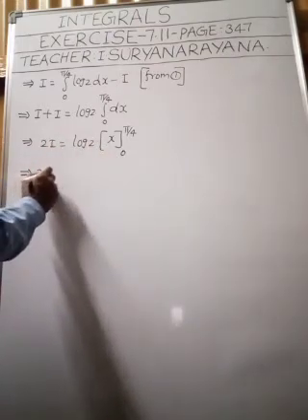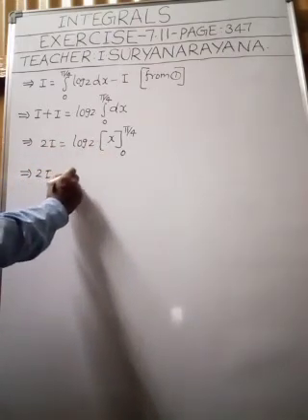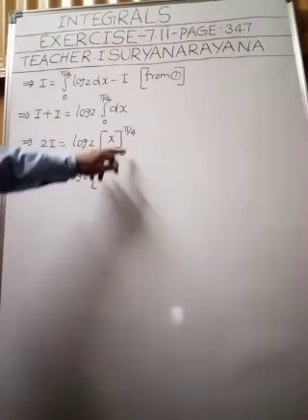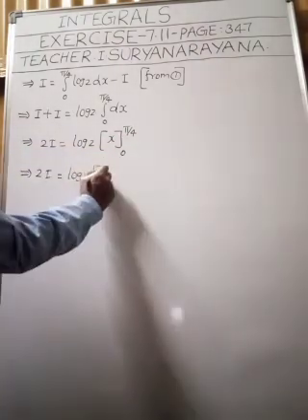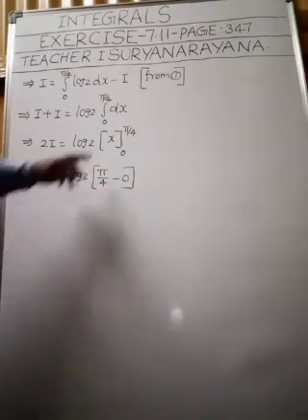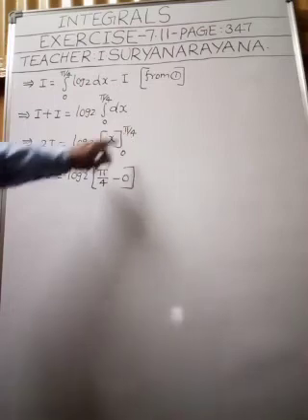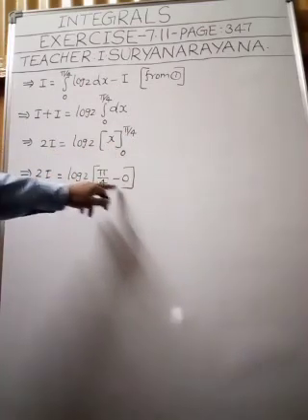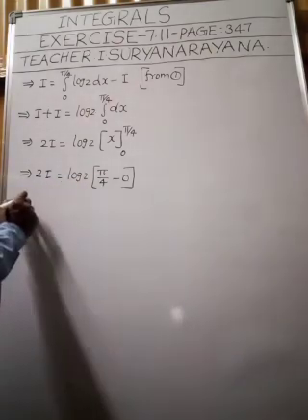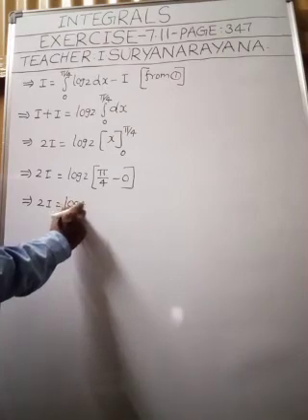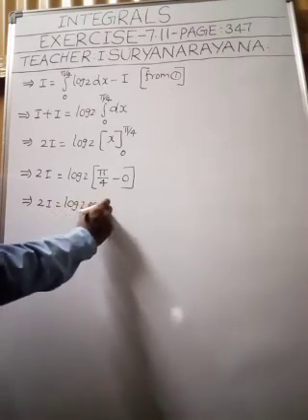Right. That implies 2I is equal to log 2 into, in this function let us substitute upper limit minus lower limit, pi by 4 minus 0. X is there in the place of x, we write upper limit pi by 4 minus lower limit 0. Understood this step, my children? Right. This implies 2I is equal to log 2 into pi by 4.